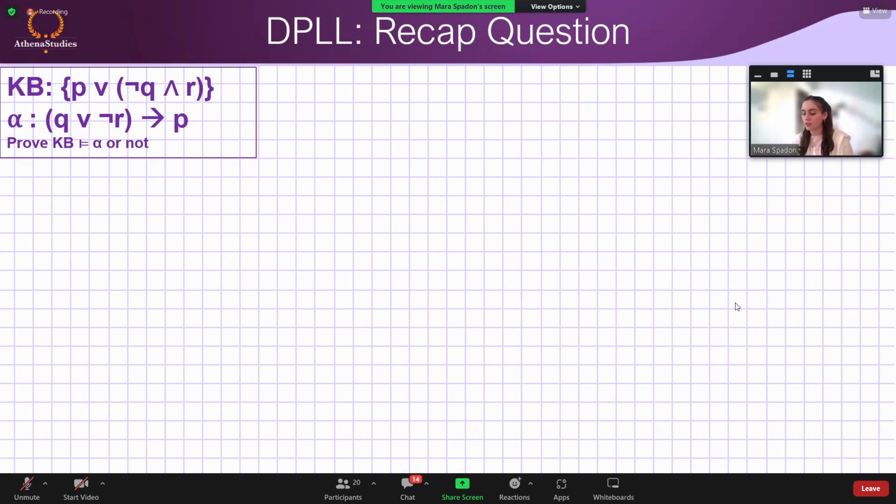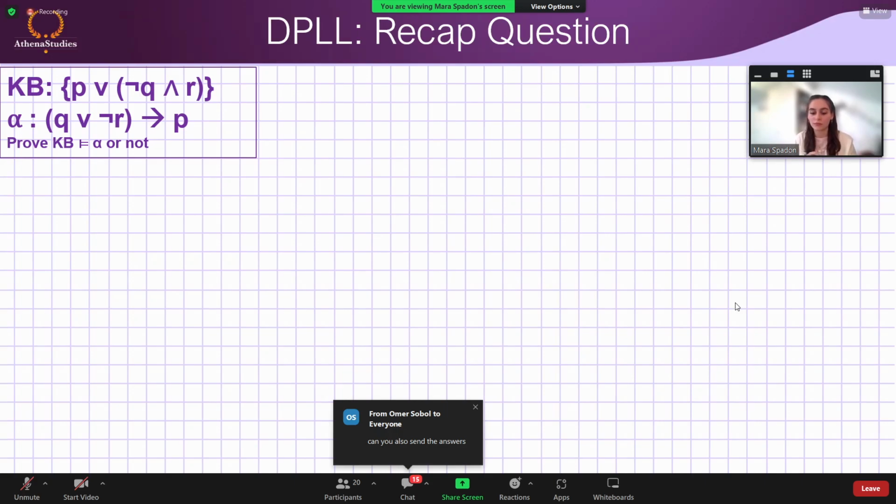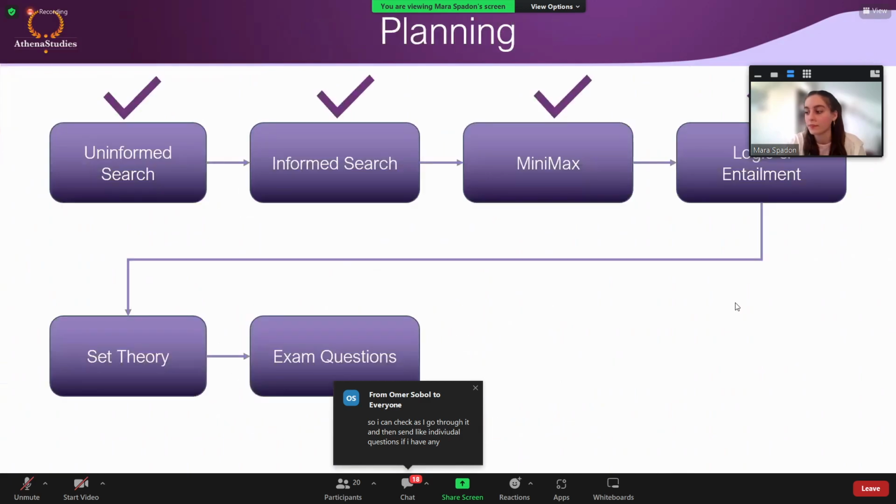I can either send you the answers, or just to everyone. Okay, then I will send a photo. So the solution to this one, I will send a picture in the chat, if that's okay with everyone. I think it's good to have one left for you to try. Yes, exactly. You can go through it and then send individual questions if you have any.